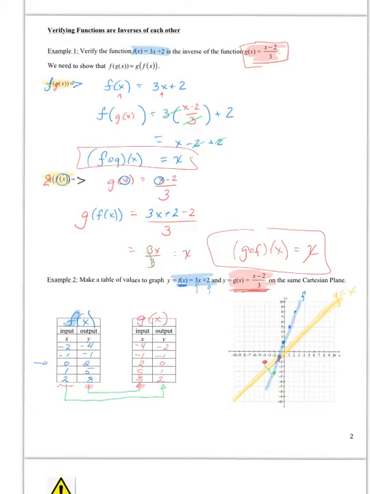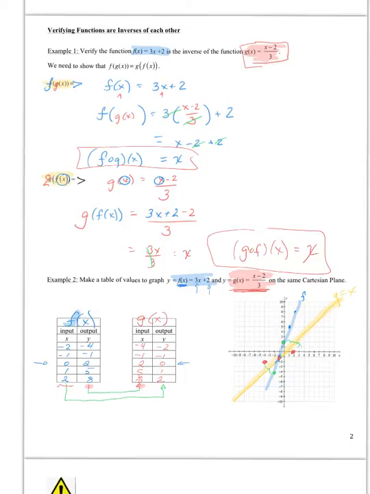The point 0, 2 is reflected over y equals x and becomes 2, 0 for g.